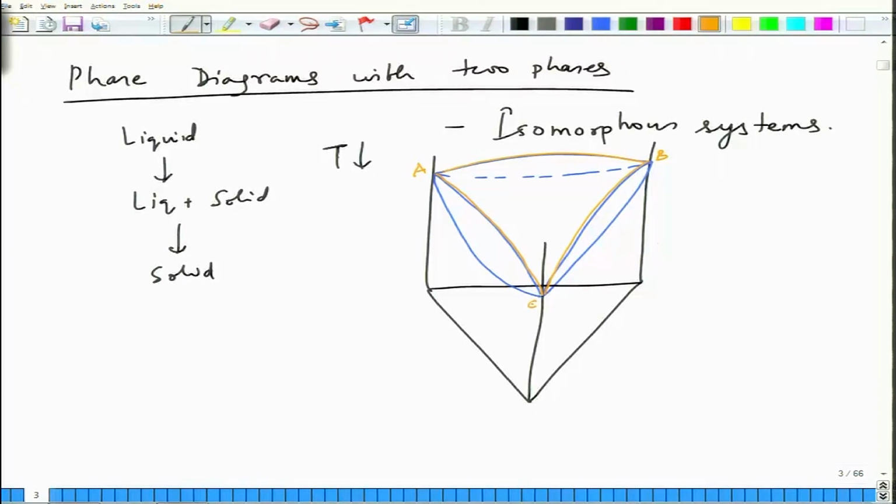And then you have this bottom surface, which is depicted by this turquoise color. This is the solidus. So this is the liquidus and this is the solidus.